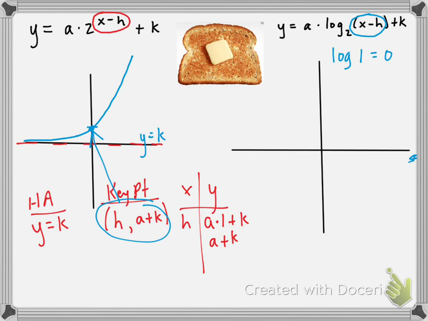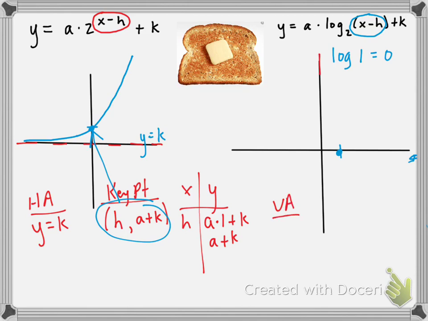It takes the log all the way out of it, because as soon as you get log of 1, that's 0. So here's the key point on the log graph. Let's talk about the vertical asymptote first.